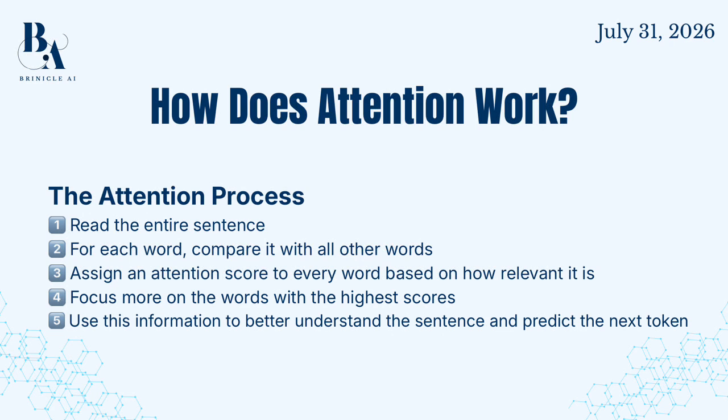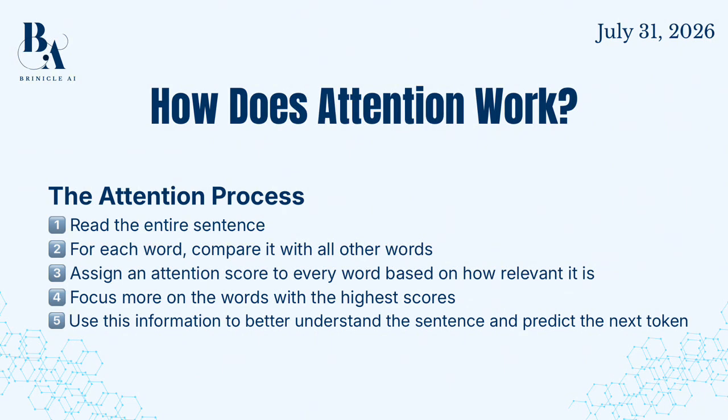Imagine the model is reading a sentence one word at a time. Instead of only looking at the previous words, every word is allowed to look at all the other words in the sentence. For each pair of words, the model asks, how important is this word for understanding my current word? It then calculates an attention score for every word.